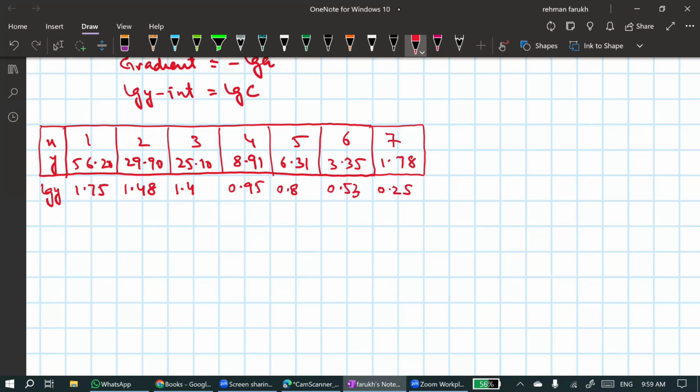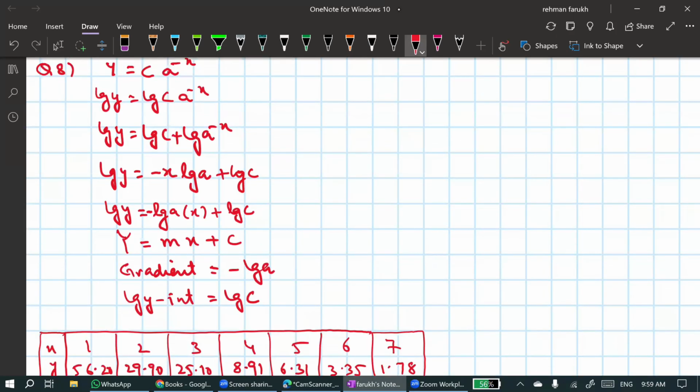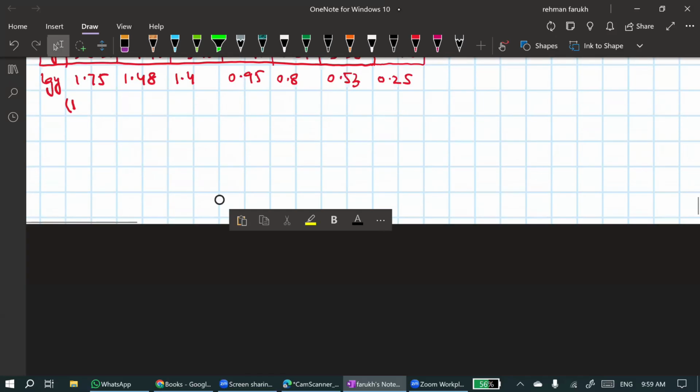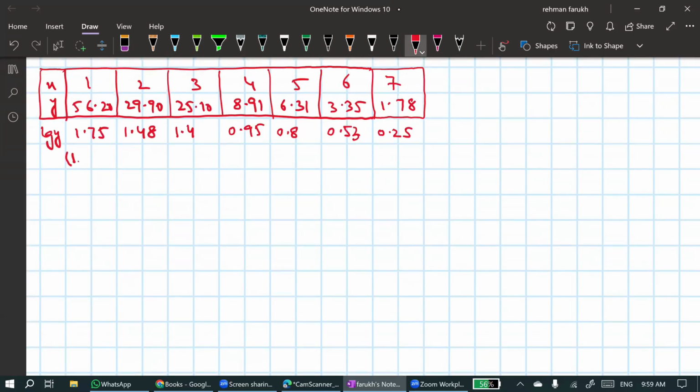Now the coordinates are X and LGY. 1 and 1.75, 2 and 1.48, 3 and 1.4, 4 and 0.95, 5 and 0.8, 6 and 0.53, 7 and 0.25.